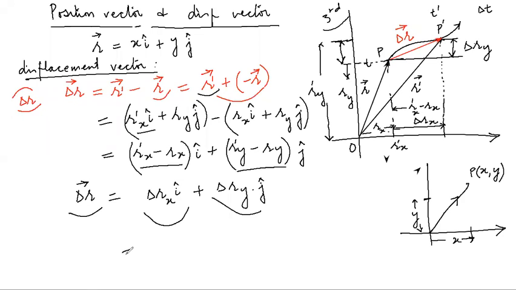You can also write it like the delta rx vector. If I multiply delta rx with i cap, it becomes this vector. And this vector is basically the delta ry vector. And if you just talk about this distance, the magnitude, it is delta ry, that is r dash y minus ry, plus the delta ry vector.